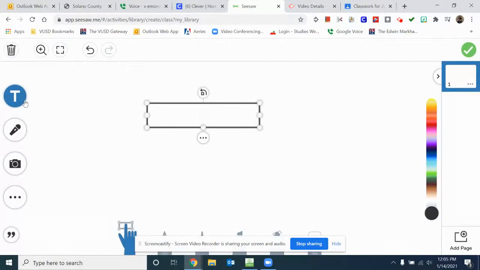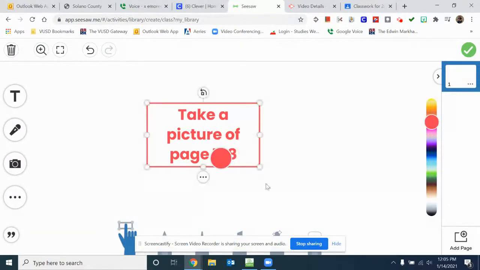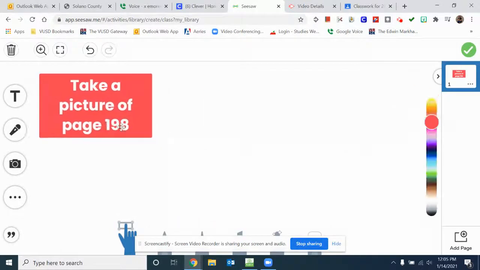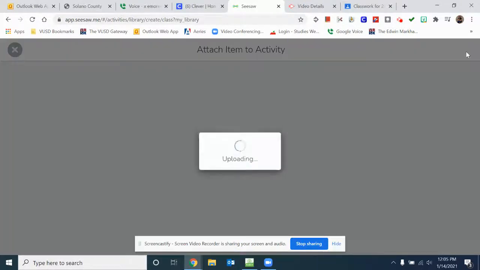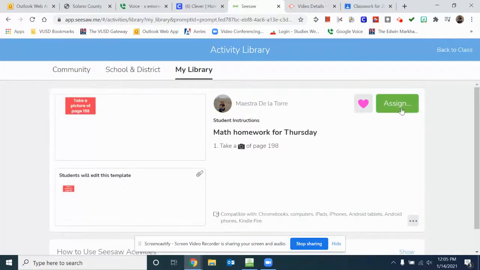Again, picture of page 198. Make sure you upload that today. So now everybody will have it as your homework.